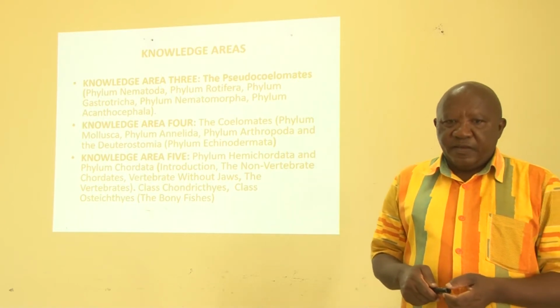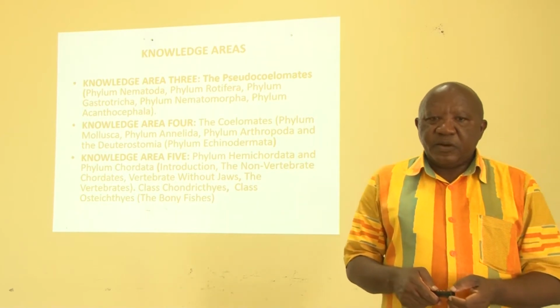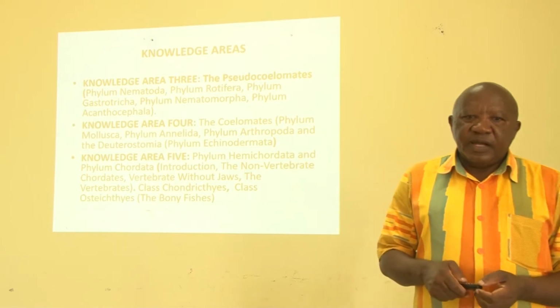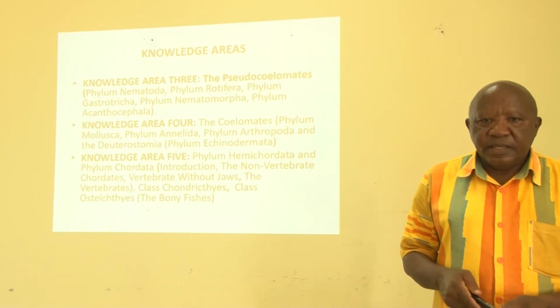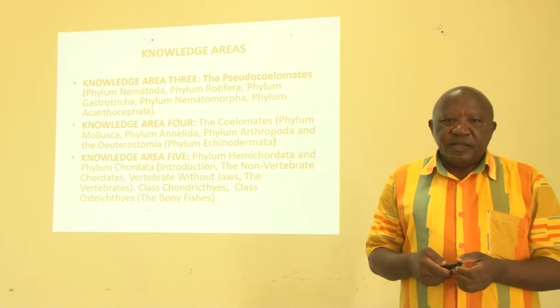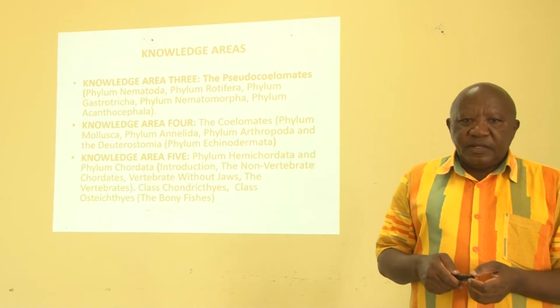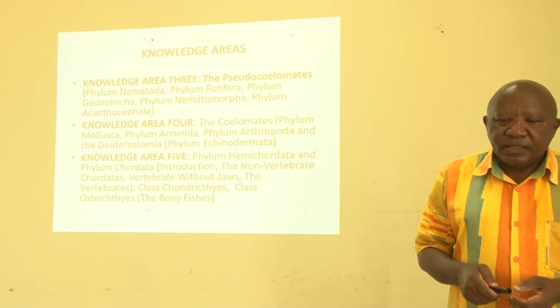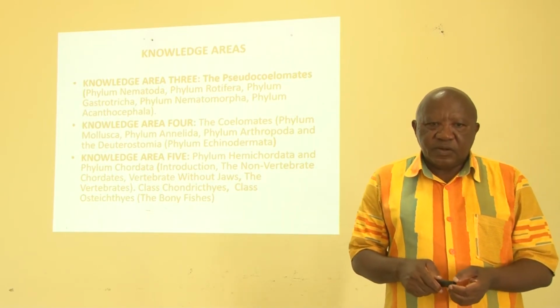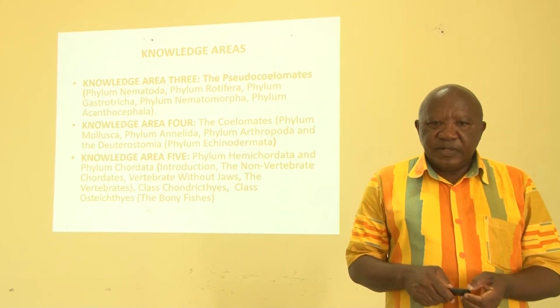In knowledge area number 5, you are going to study the phylum Hemichordata and the phylum Chordata. Here we will go through the introduction of the phyla Hemichordata and Chordata, learn about the non-vertebrate chordates, vertebrates without jaws, and the vertebrates.